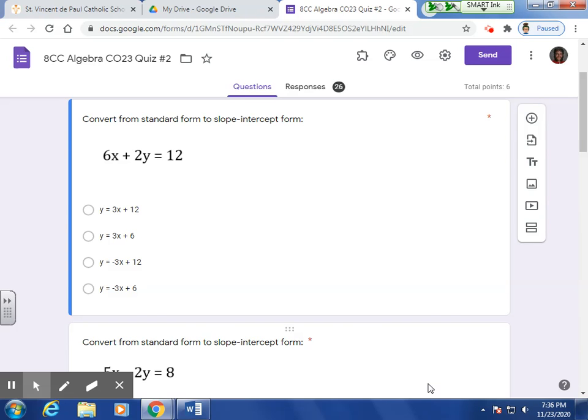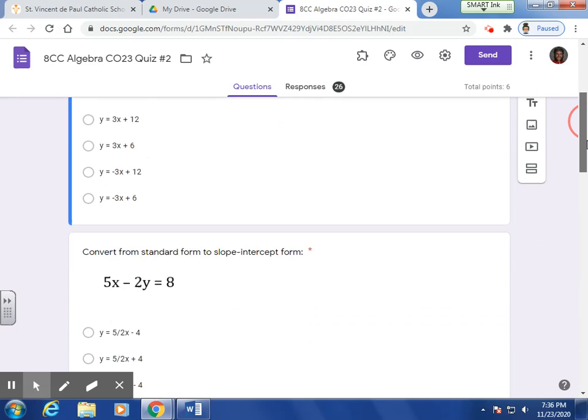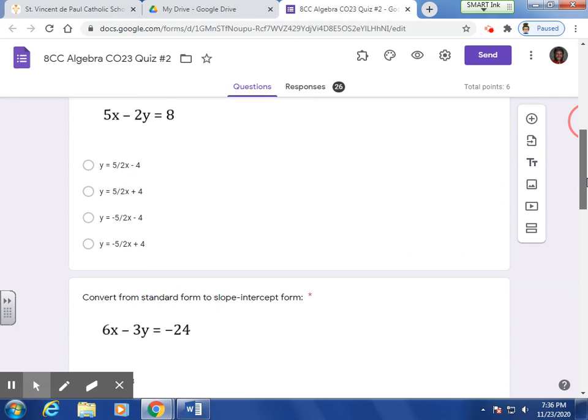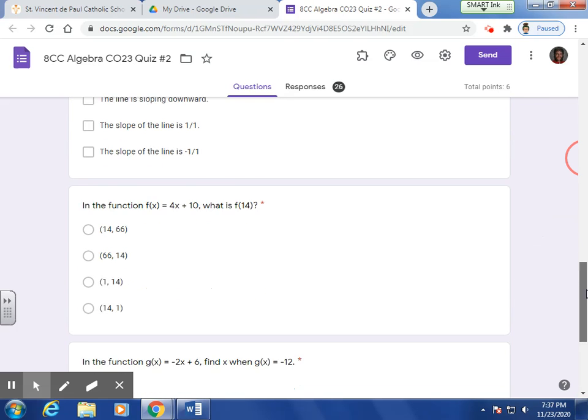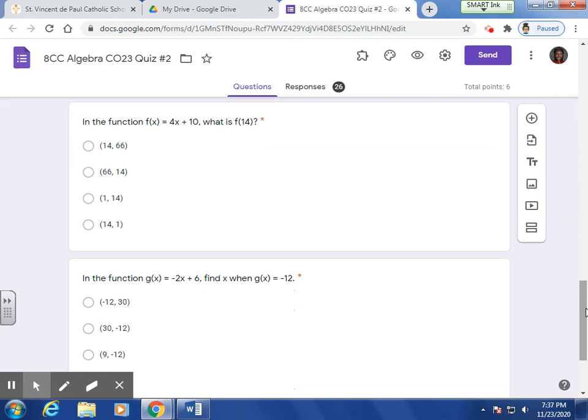And really, it came down to the second two questions on the quiz, where you had a negative coefficient to y, 5x minus 2y equals 8, and 6x minus 3y equals negative 24. In every single class, those two questions of those first four where you had to convert were the lowest scores.